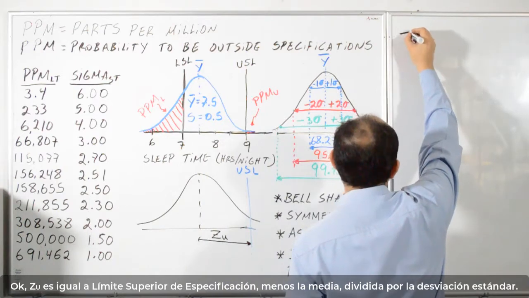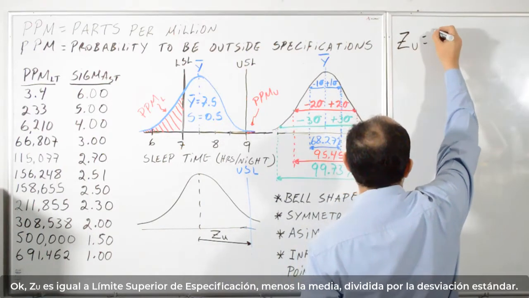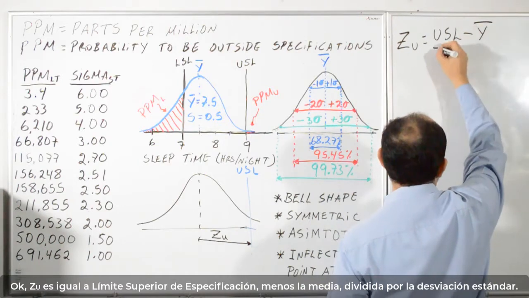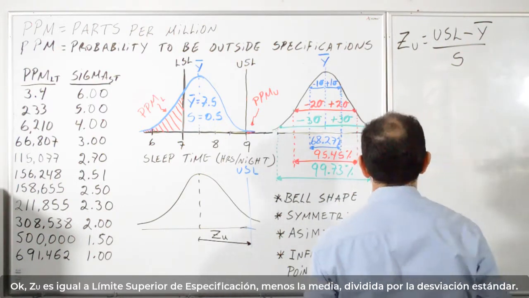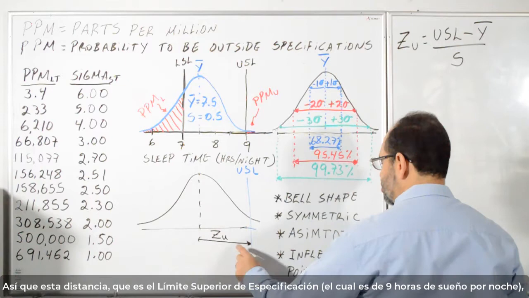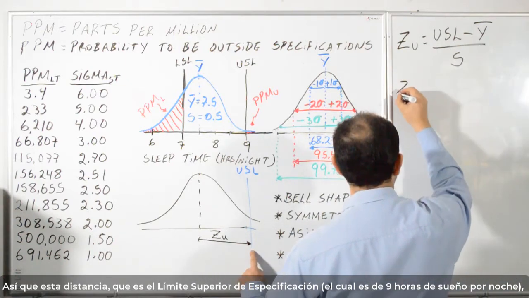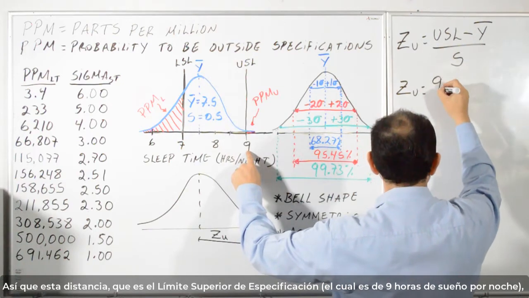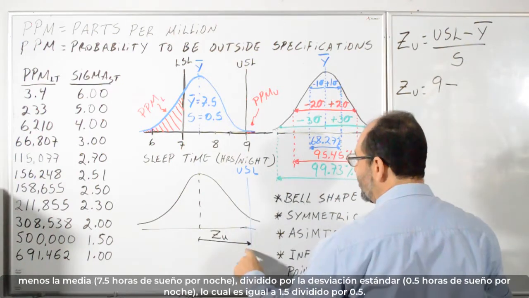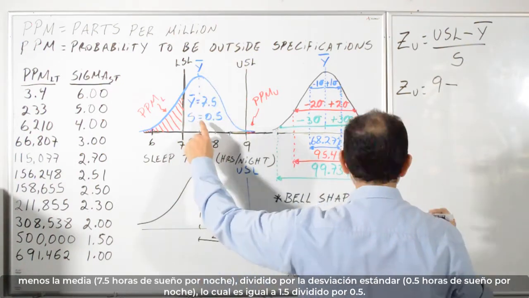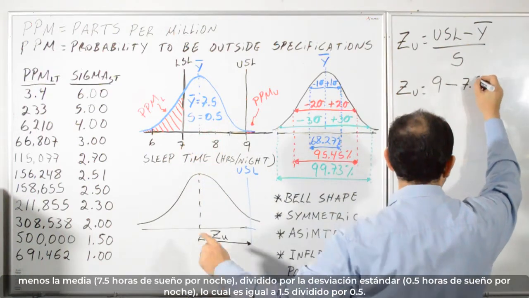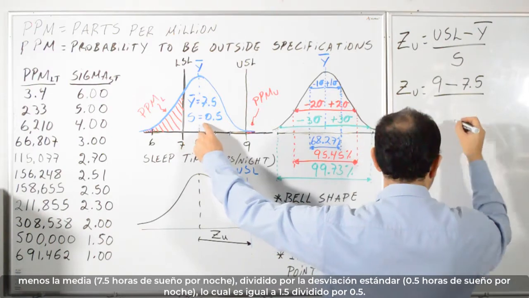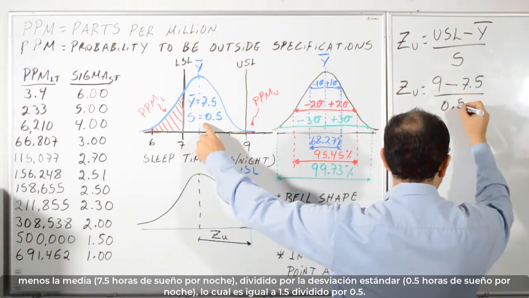Z upper is equal to the upper specification limit minus the mean, divided by the standard deviation. So the upper specification limit is equal to 9 hours of sleep per night, minus the mean of 7.5 hours of sleep per night, divided by the standard deviation, which is 0.5.